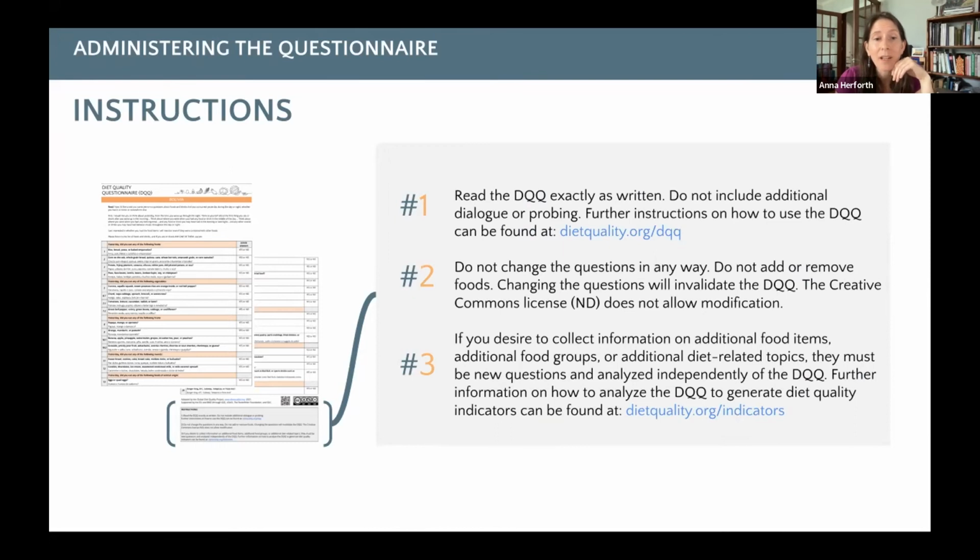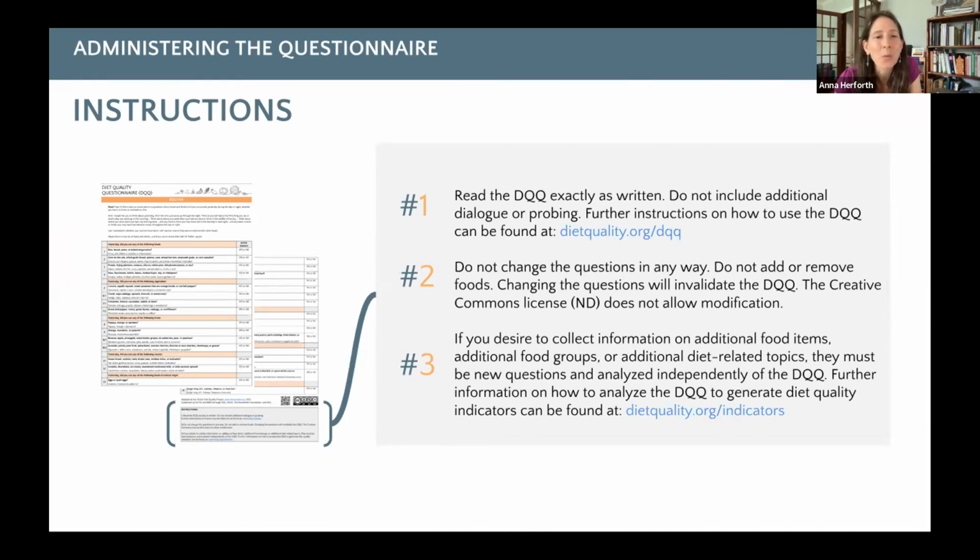If you're working in an area where there are specific foods that are consumed in that population, which is very different from the national consumption, then that's where you can add additional questions and additional foods. If there are foods consumed in the food groups that you're convinced are important in that specific population, then you can add them as additional questions.